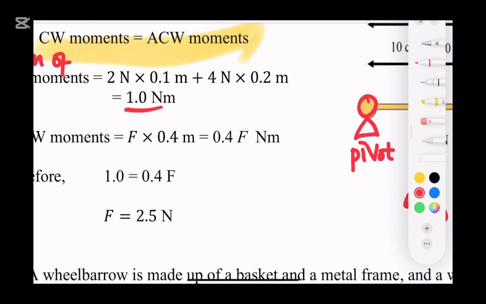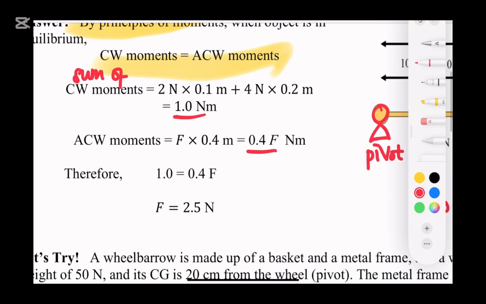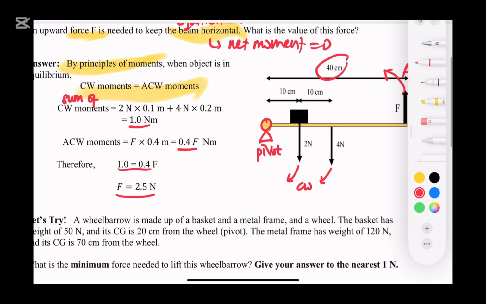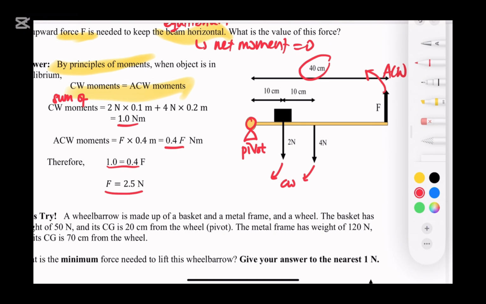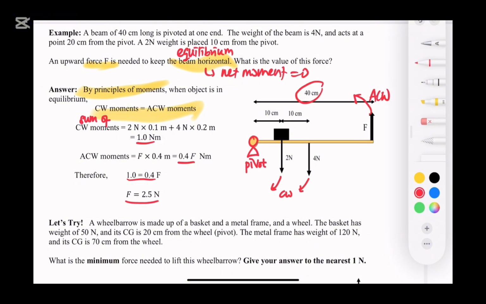So 0.4 F. By principle of moments, these two numbers equate. 1.0 equals 0.4 F. We get force equals 2.5 newtons. So this is how it can play out.